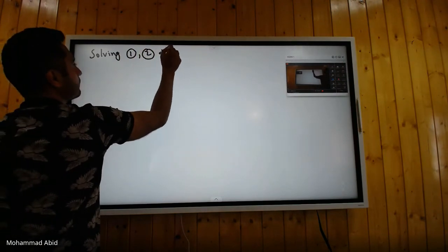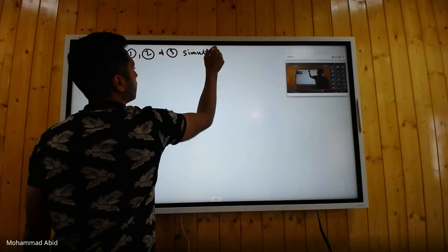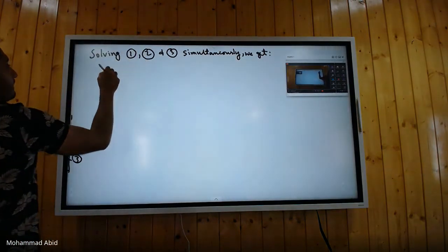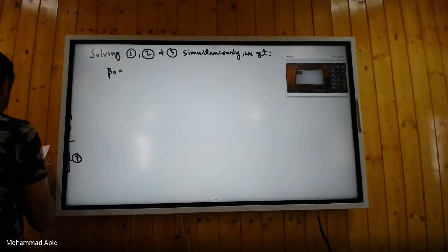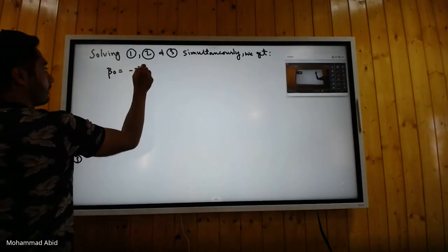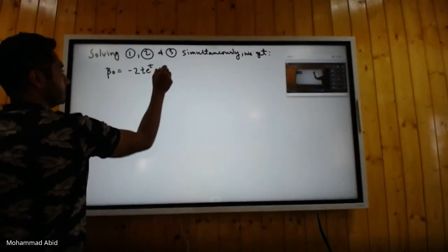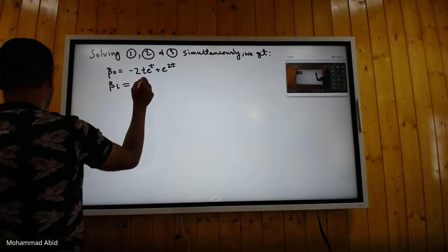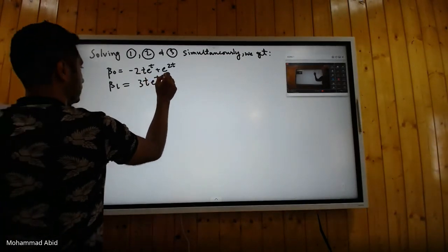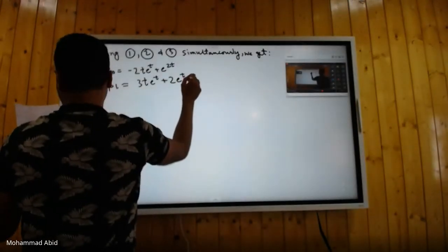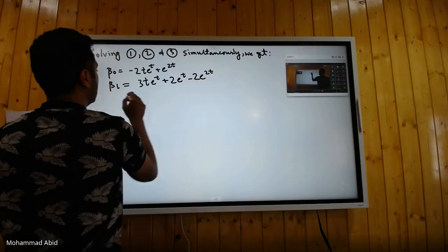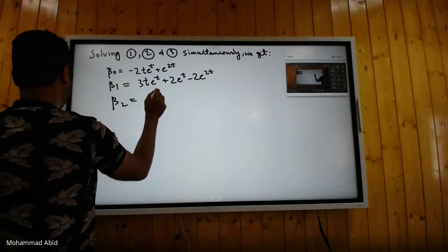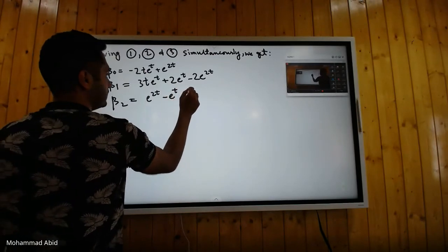तो सॉल्विंग 1, 2 and 3 simultaneously we get, यहाँ पर लिख रहा हूँ कि what should be the value of beta naught. और beta 1 and beta 2 to the power 2t and e to the power t minus t e to the power t.